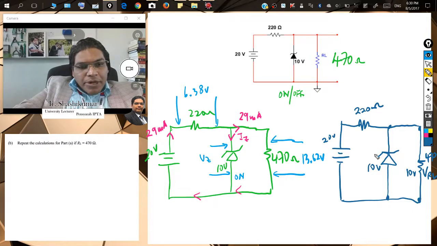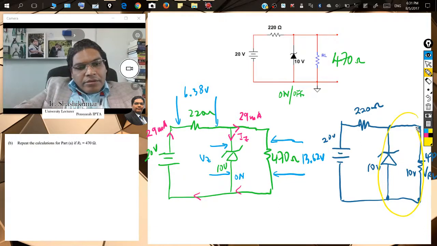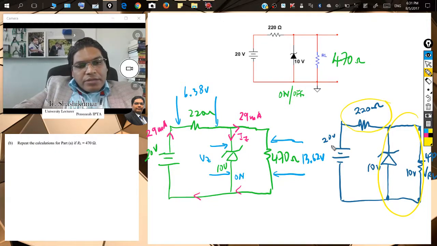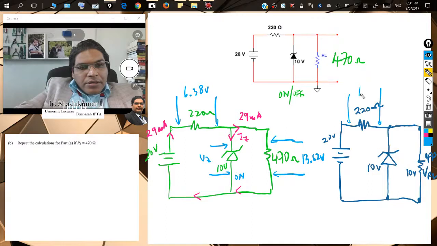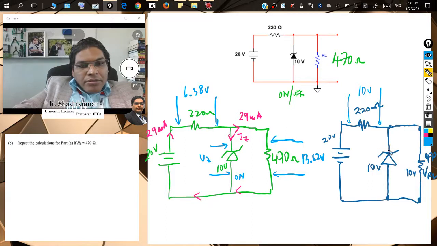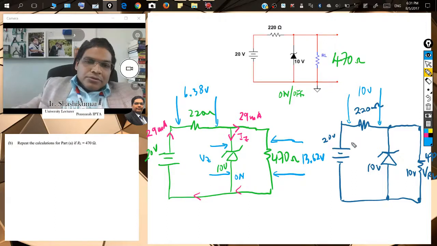With 6.38, if you plus 10 volts, you will not get 20 volts by KVL. So immediately you could know that the voltage here is now going to be 10 volts, because this plus this, then you get 20 volts.